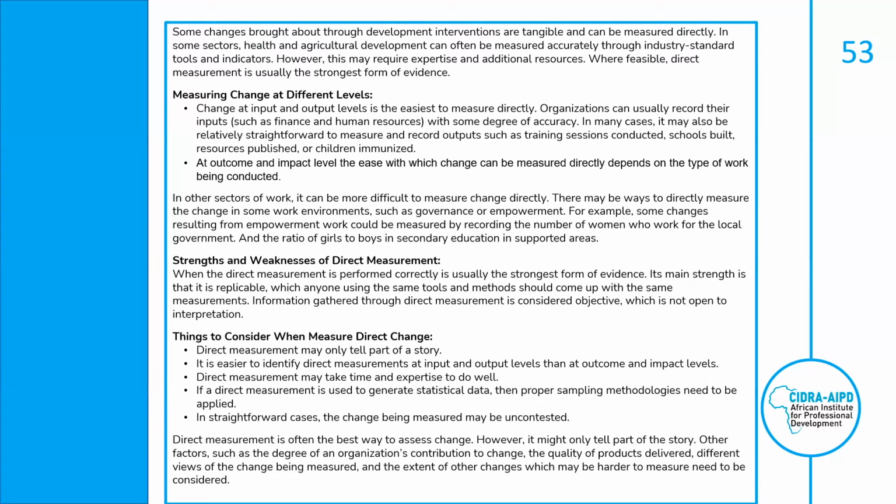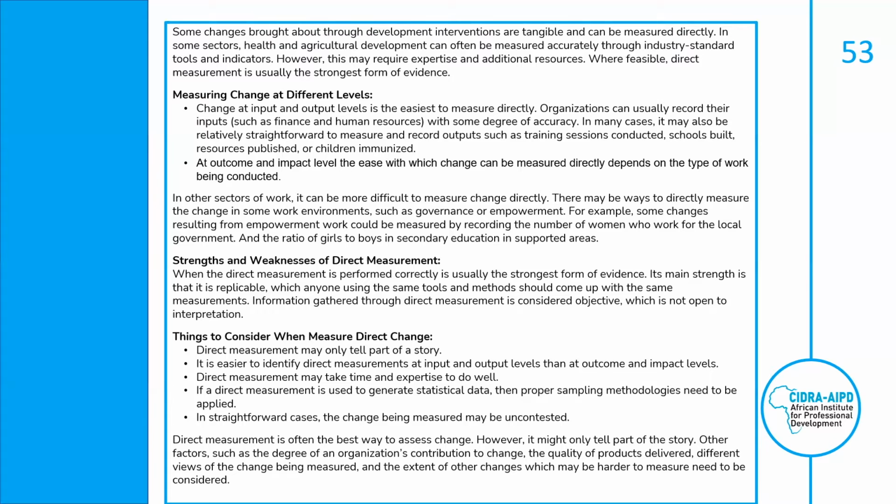Things to consider when measuring direct change. Direct measurement may only tell part of a story. It is easier to identify direct measurements at input and output levels than at outcome and impact levels.